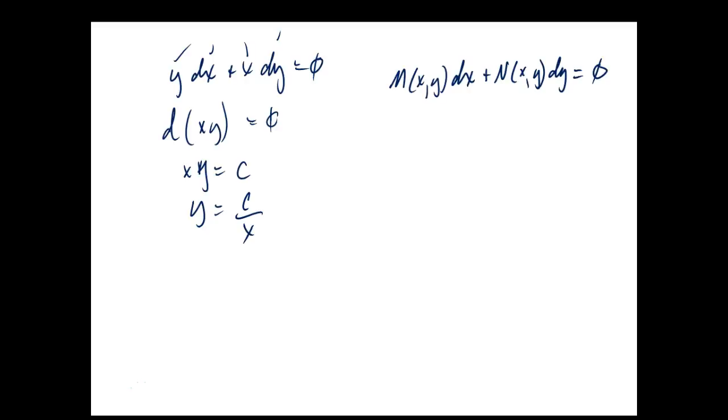Now, what we did here, we saw that happened to be a perfect product rule. Well, for this to be the case, that would require M of x,y basically to be equivalent to y, and N of x,y to be x, which is a bit of a stretch here, but there is a test you can do.